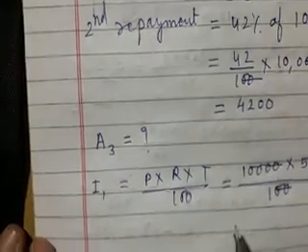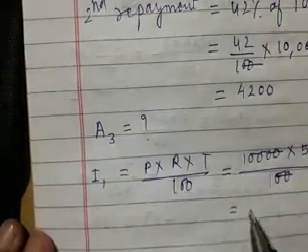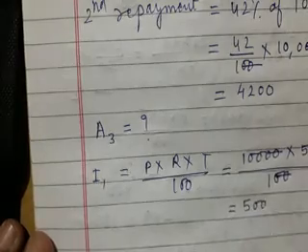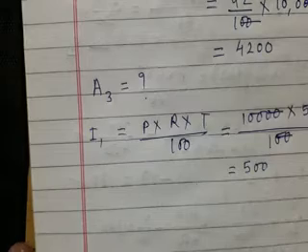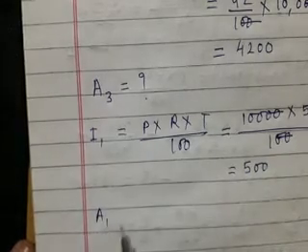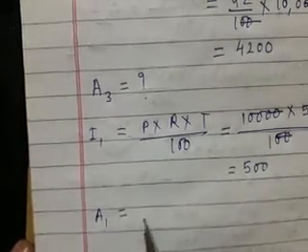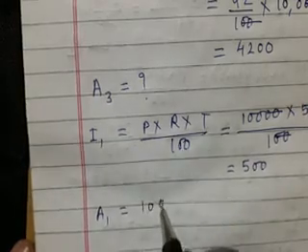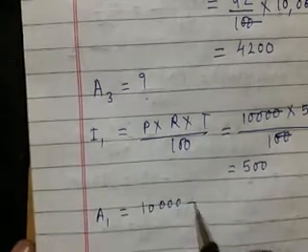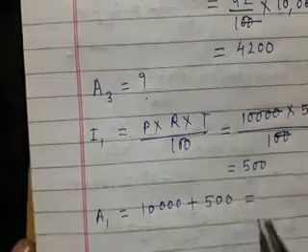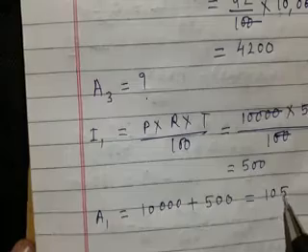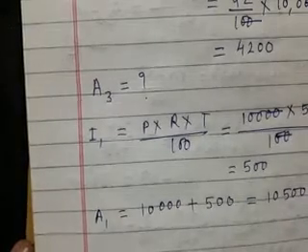So you get 500 as the interest of the first year. Then the amount at the end of the first year will be equal to principal plus interest, so we are getting 10,500.